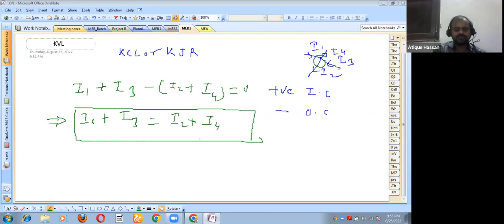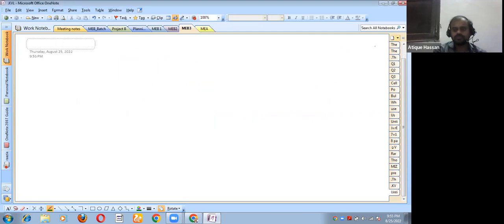Suppose we have, I will do one example. Example based on Kirchhoff current law. So suppose I have a branch like this, and currents are coming from different directions like this.